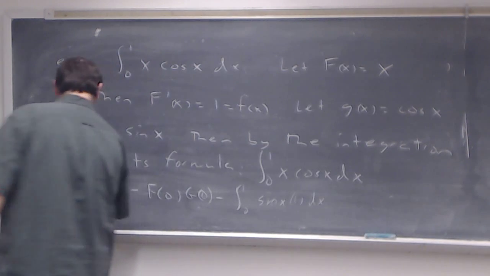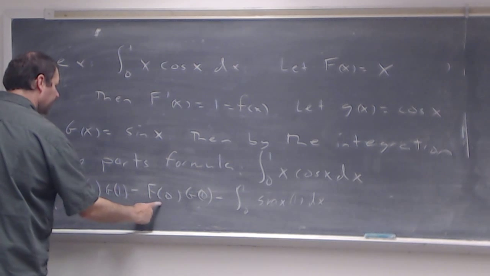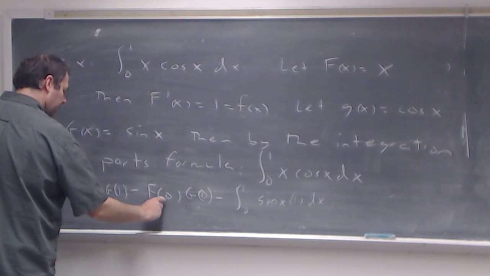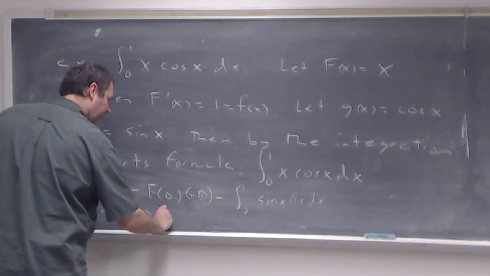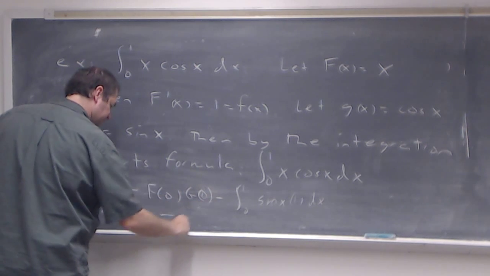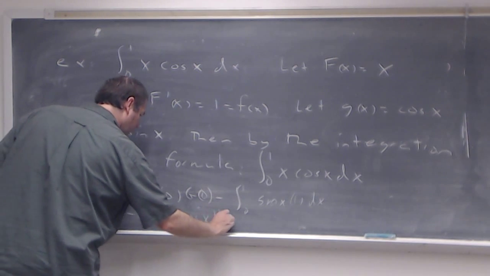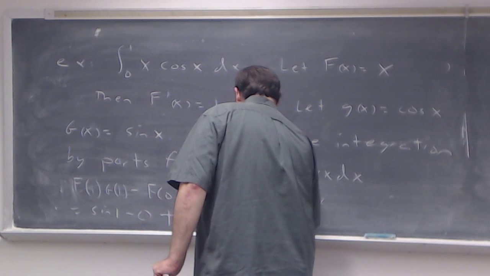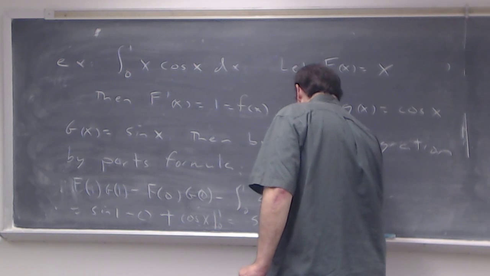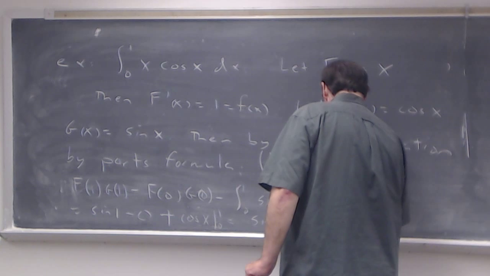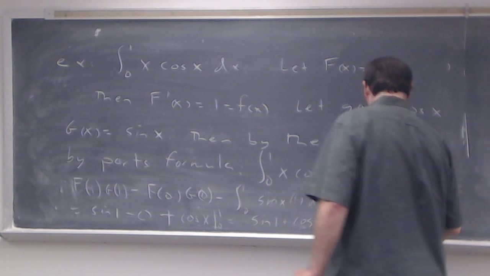So f(1) is 1, g(1) is sine of 1, then f(0) is 0, so this part is 0. Minus the integral of this guy, an antiderivative using the fundamental theorem of calculus, really it's going to be plus cosine of x evaluated from 0 to 1. So I get sine of 1 minus 0, which is nothing, and then plus cosine of 1 minus cosine of 0. And so I write this down as sine of 1 plus cosine of 1 minus 1. And that's my answer.